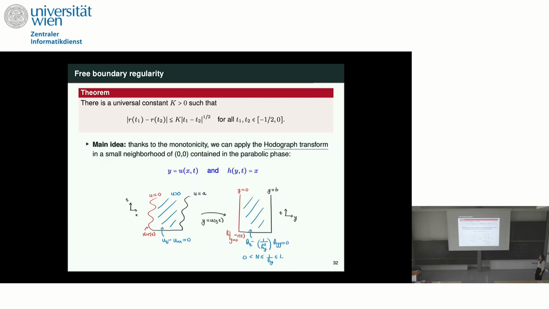So we proved that h restricted to y = 0, which is exactly R(t), is C^{1/2}. And then you're done, right? If you plug in y = 0, this is R(t), and that's just what you're trying to show, that R is C^{1/2}.